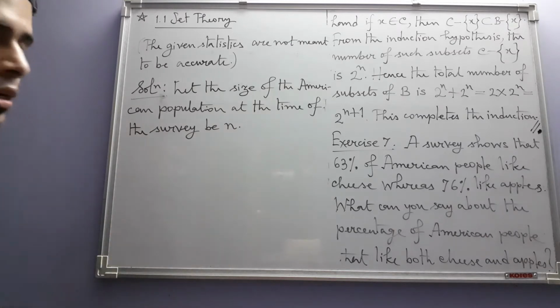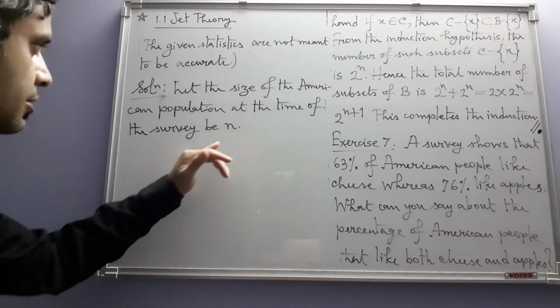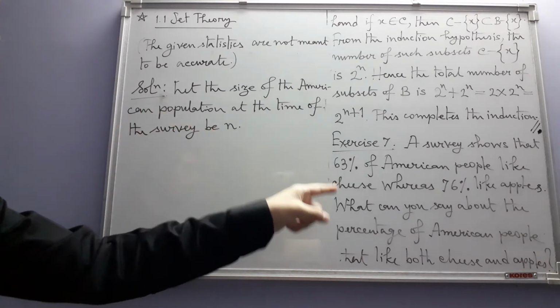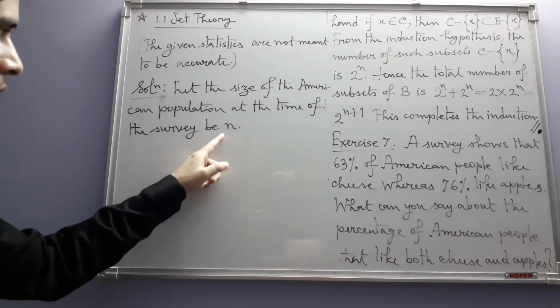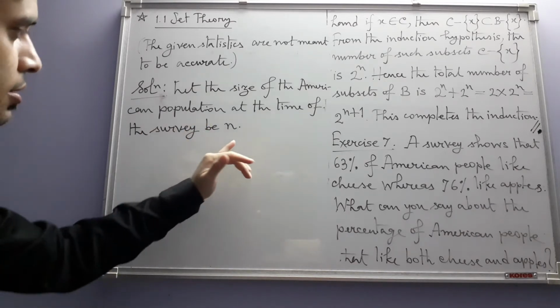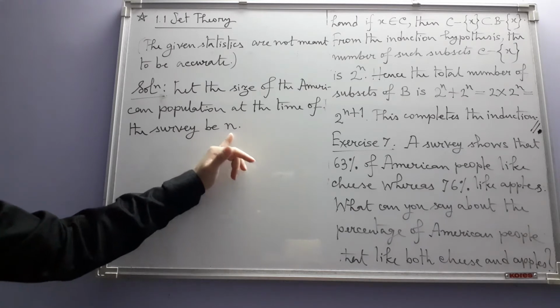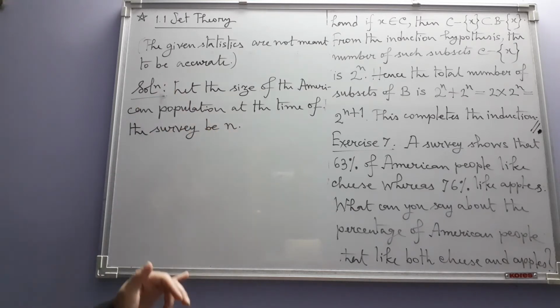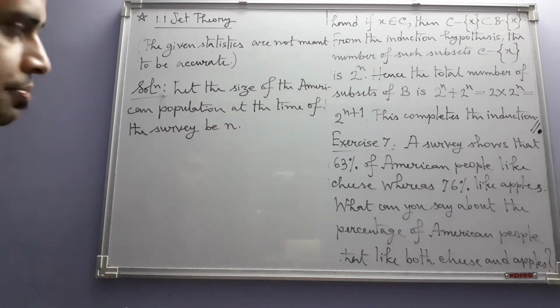This is definitely not constant. It changes. People are born, people die. But at the time when this survey was conducted, there was some size, and that size is taken to be n. We note that we don't know what n is, and we won't need to know. Okay.